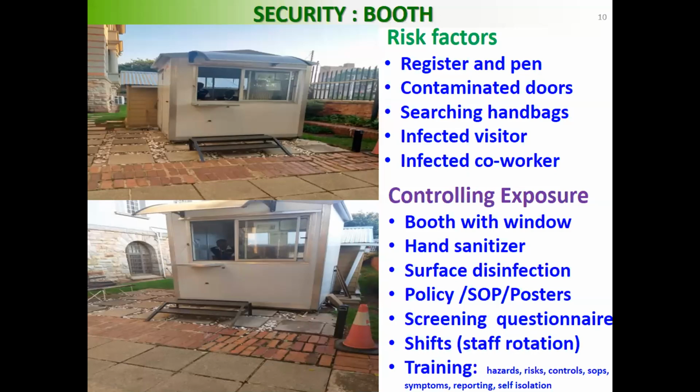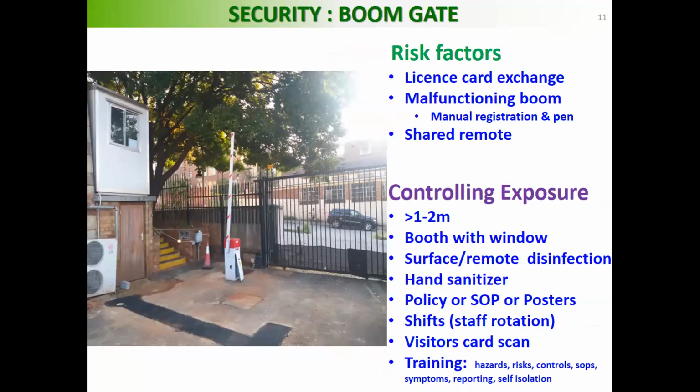There are a few control exposures that you can look at, but mostly it's everything that you have mentioned that is common for everyone, like your policies, your hand sanitation, your disinfection. You need to have chemicals or disinfectants also to clean surfaces. So you may want to provide also to your securities for cleaning their environment. So the security at the gate, also in a booth, but they are not coming in and out.